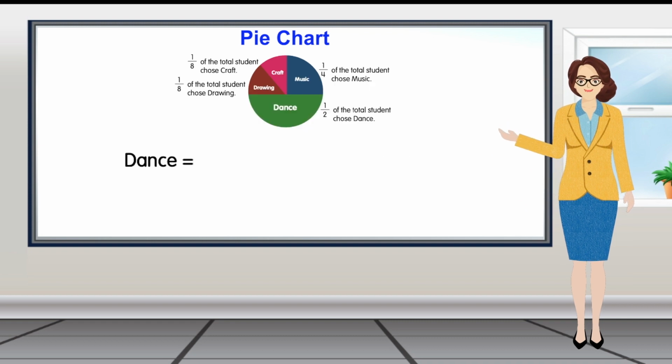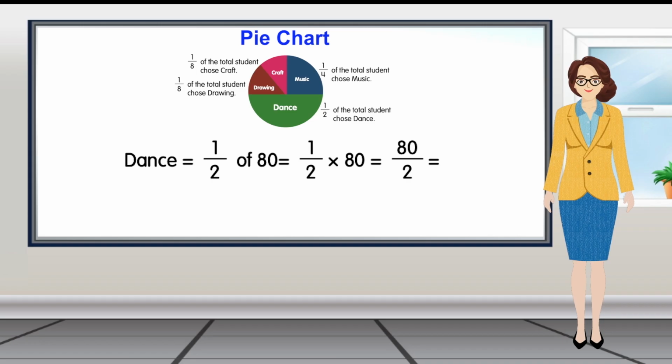Dance. Half of the total students chose dance. 1/2 of 80 is 1/2 multiplied by 80, which equals 80/2. After dividing 80 by 2, we will get 40. So, 40 students chose dance.